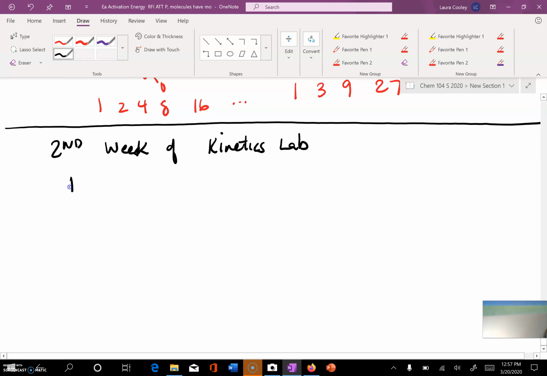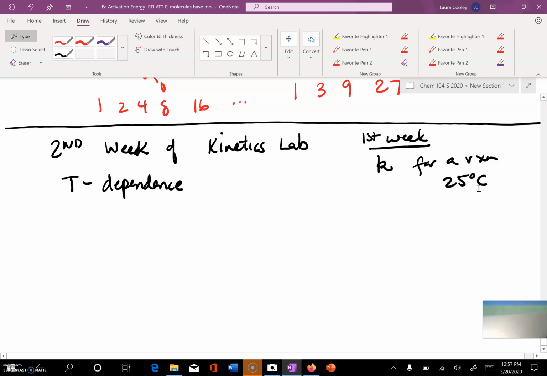What we were going to be studying then would be the temperature dependence. So in the first week, you will find the rate constant K for a particular reaction at 25 degrees C. You'd also find the rate law.